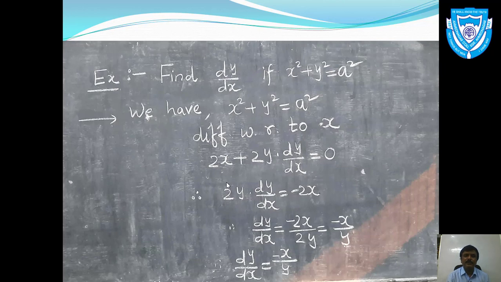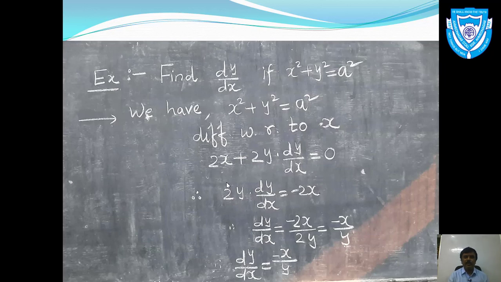So let us find its derivative now. Look at the step number 2, differentiating with respect to x we have. Now you can see that in the given equation, in the given function, three terms are there. The first term is x square plus the second term is y square is equals to, at right hand side it is a square. So we'll have to find derivatives of all the three terms separately.